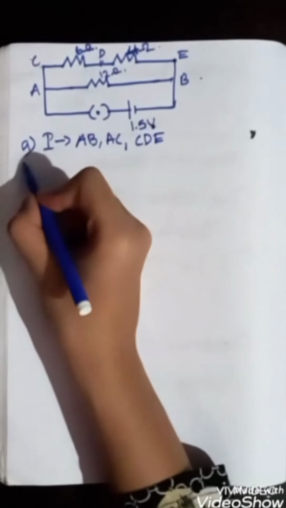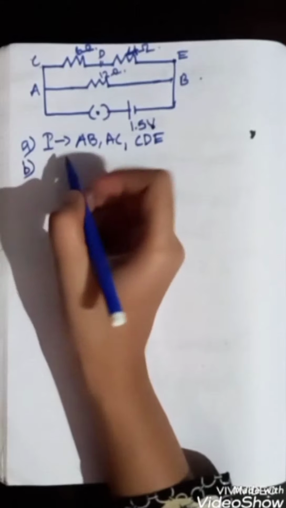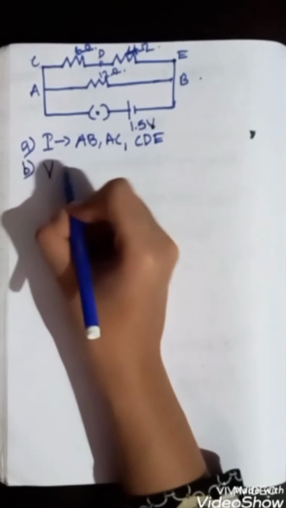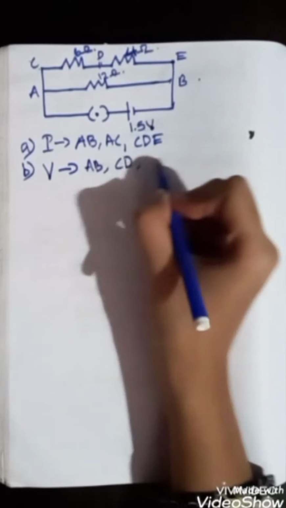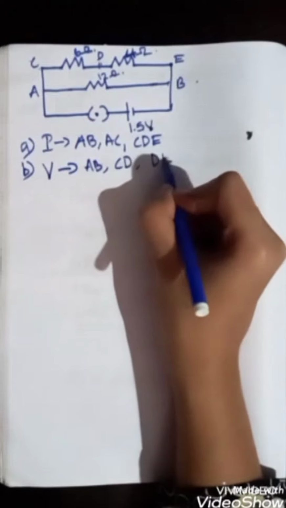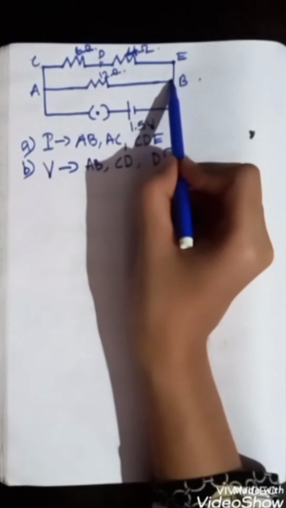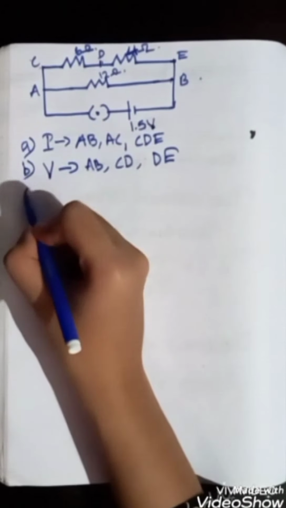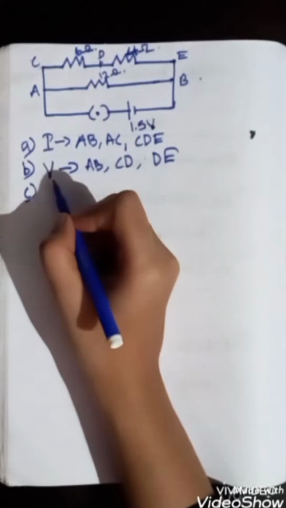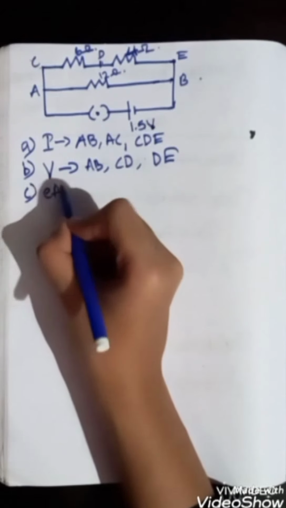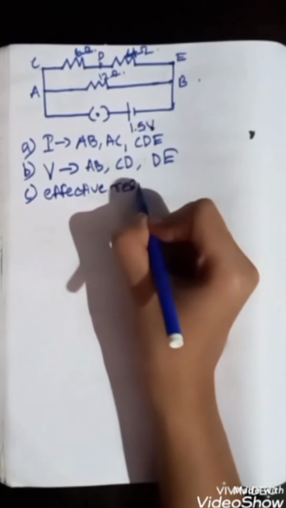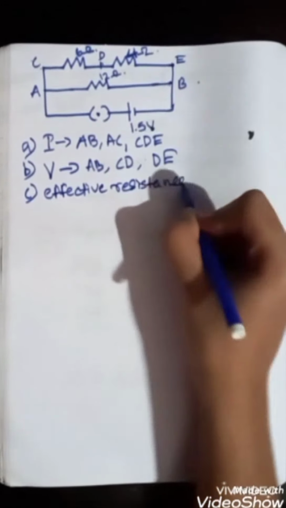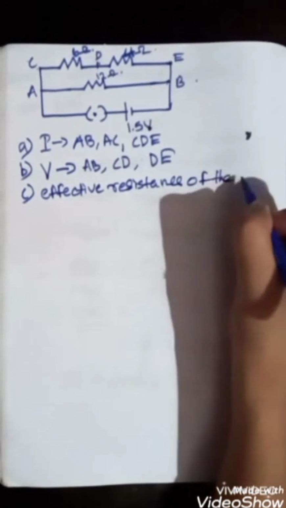Okay, and the B question is, we have to calculate the potential difference across AB, CD and DE. Then the C question, we have to find the effective resistance or total resistance or equivalent resistance of this circuit.